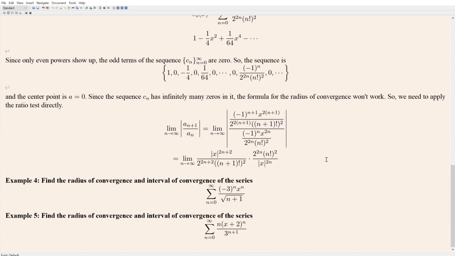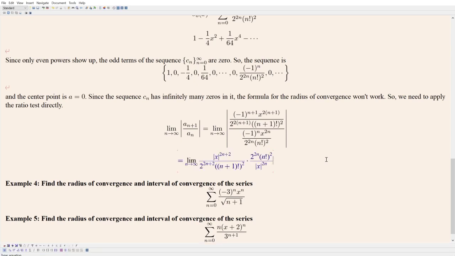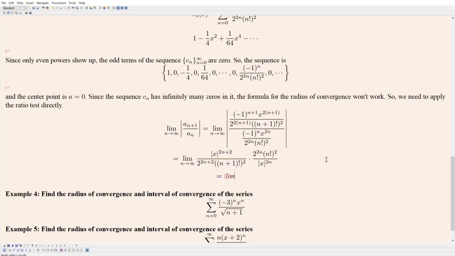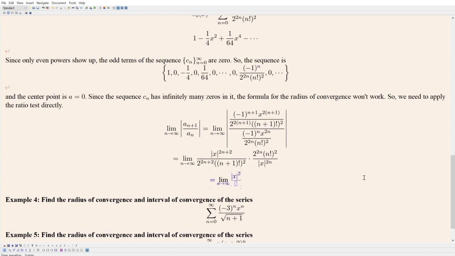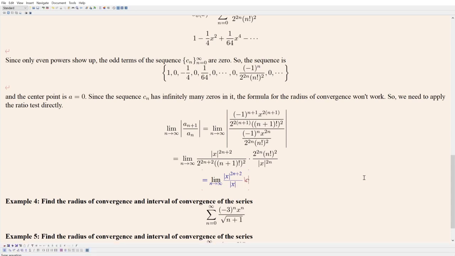Now let's start combining or grouping together like terms so that we can do a bunch of cancellation. So I will group the x terms together, like so. I will group the power 2 terms together, like so.